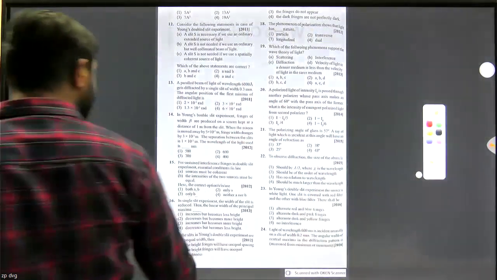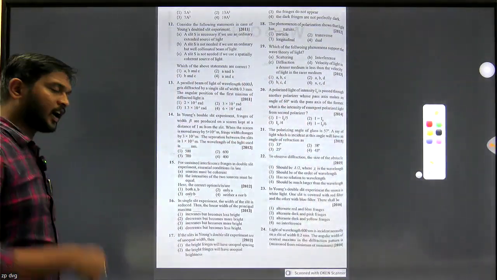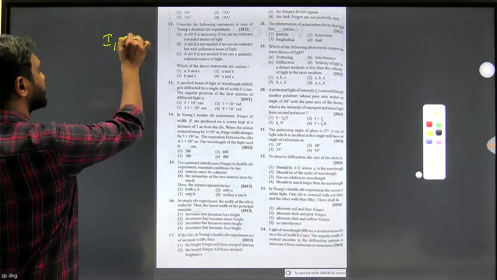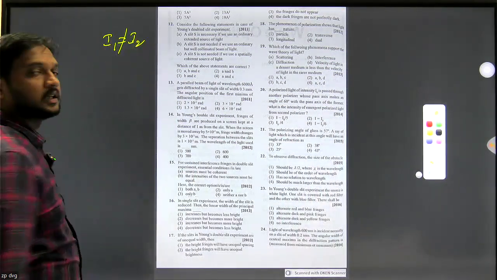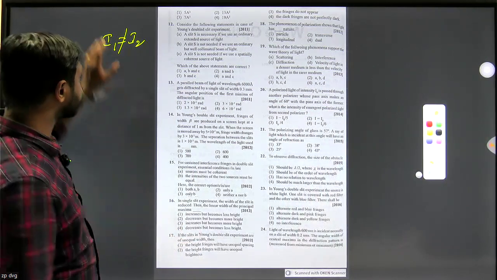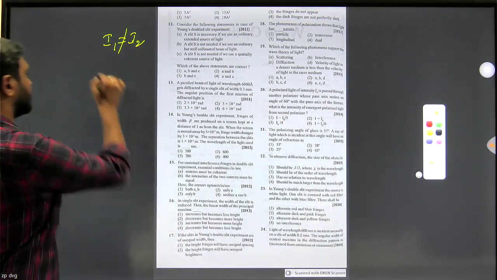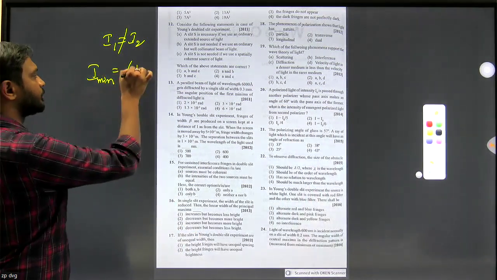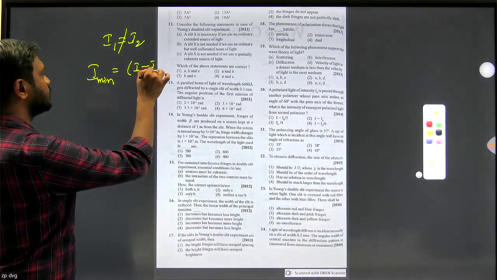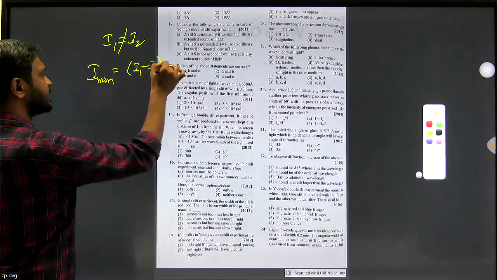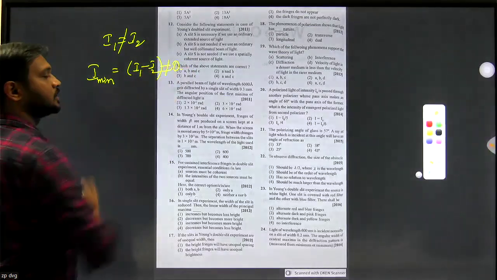If the slits in Young's double slit experiment are of unequal width, the intensities are also unequal. So I minimum, that is I1 minus I2 (squared root terms), is not equal to 0.